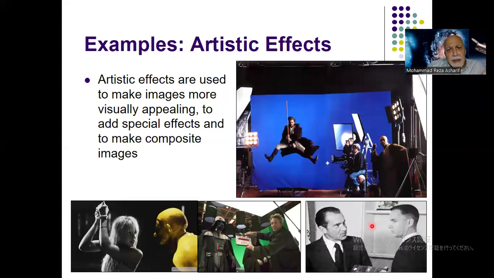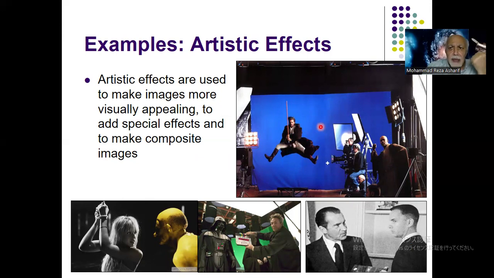Next, for instance in cinema and movies, artistic effects, such as the blue effect here, are used to make an image more visible and appealing, to add special effects, and to make composite images. For instance, here is a man like this, but the blue effect lets you place him on any background you want.